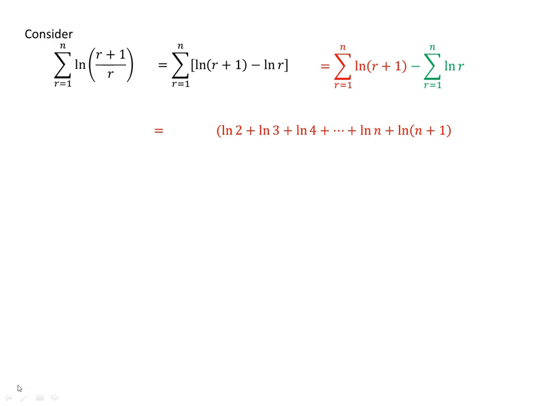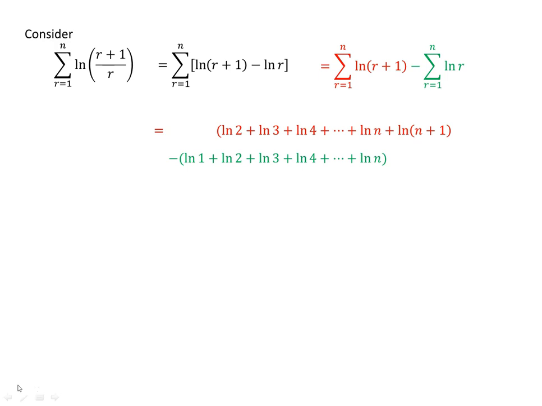Whereas the second summation starts with the natural logarithm of 1 plus the natural logarithm of 2 plus the natural logarithm of 3 and goes all the way along until we reach the natural logarithm of n. Notice how I've written this out to try and make the cancellations really obvious. We've written the similar terms in the second summation immediately above the similar terms in the first summation.